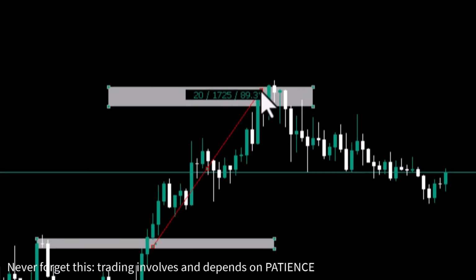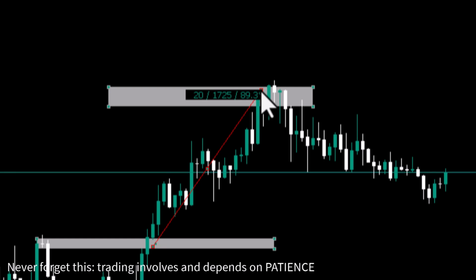Now if you look at this, the value over there is 1725. You just have to divide that value by 10 and whatever value you get is going to be your pip.